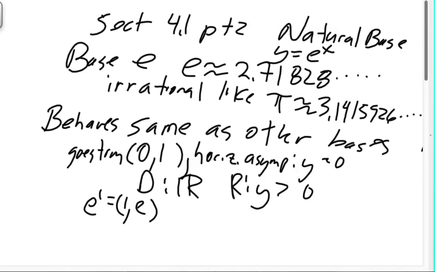So at x equals 1, your y value should be something a little less than 3. And e to the negative 1 will be 1 over e, so it will be a little bit smaller value. This guy will not fall nicely on an integer because it's irrational. The transforms also work the same.